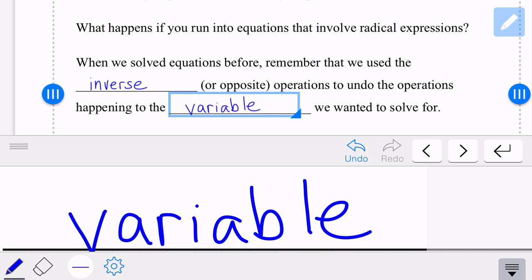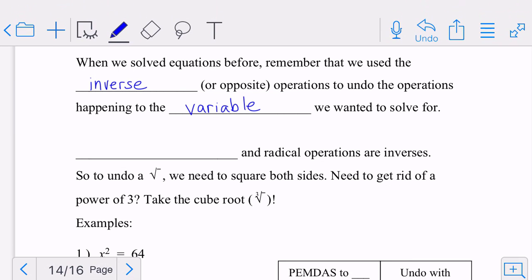So whatever we wanted to solve for, we were trying to undo whatever was happening to the variable. So if it was getting multiplied by 2, we would divide by 2 because division is the inverse operation of multiplication. It undoes it.